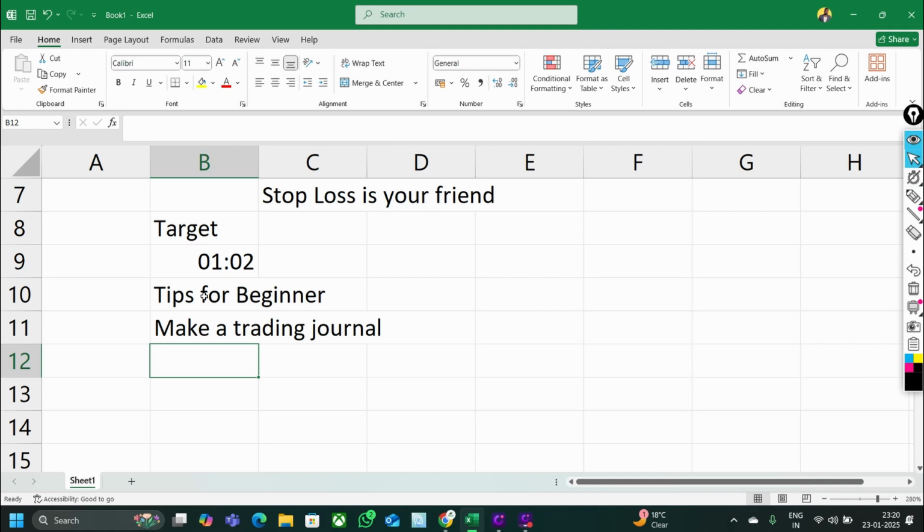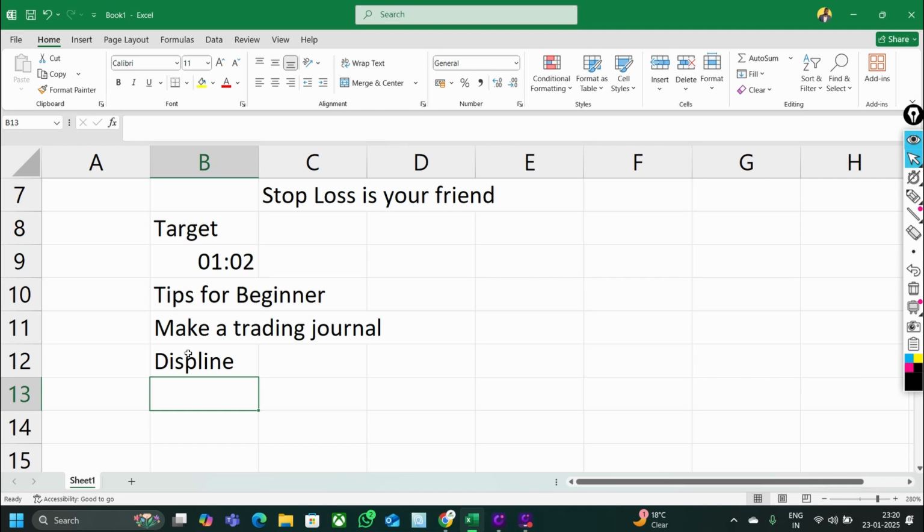If you have a journal or a report of what trades you did, that will help you in the future in trading. And in trading you have to be very disciplined, because without discipline you can't make money in the stock market. Discipline is the key to success in every field, and here also.